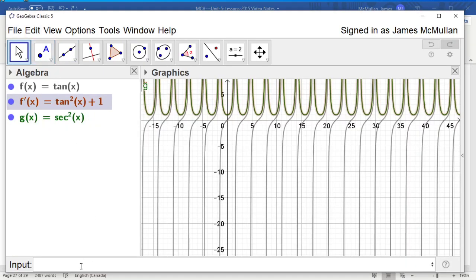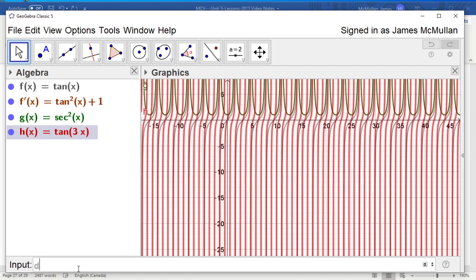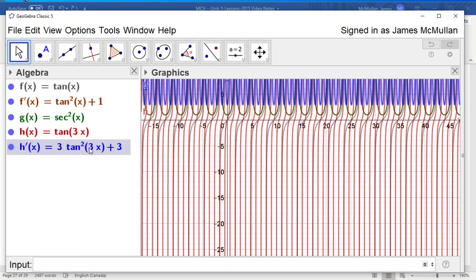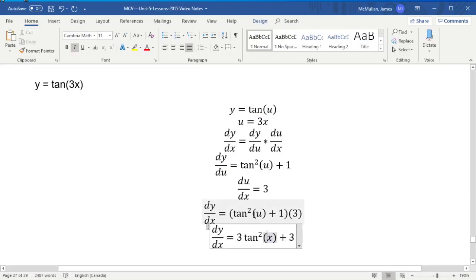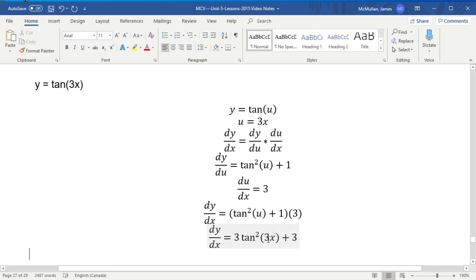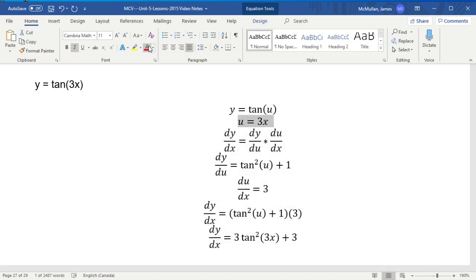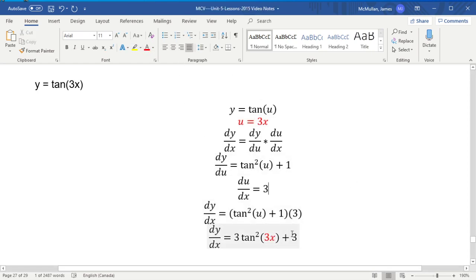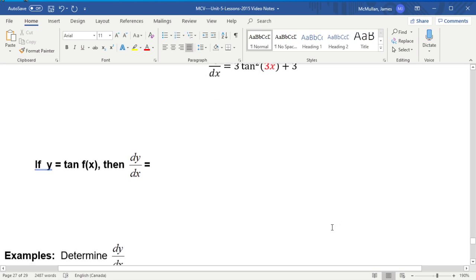Let's just quickly show this one: tan 3x, and then its derivative. Oh, I'm sorry, I forgot something here. It was u. I forgot to replace the u. So u has to be written as 3x again. I just forgot to make that substitution. Remember, my substitution here has to be my substitution here because I can't leave the answer with a u. So there's my final answer.